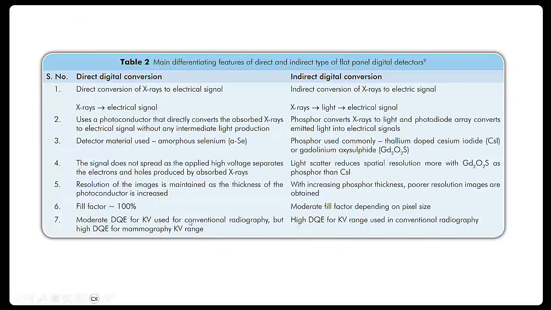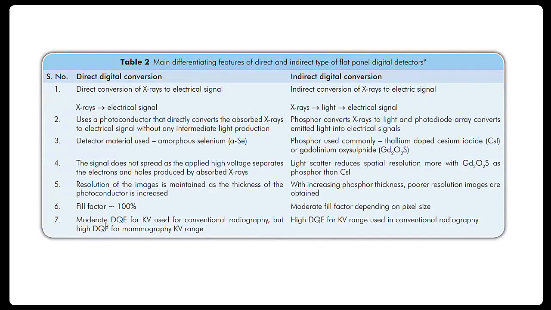Then the last difference is moderate DQE for the kV range used for conventional radiography, but high DQE for mammography kV range, in direct digital conversion. DQE means detective quantum efficiency.